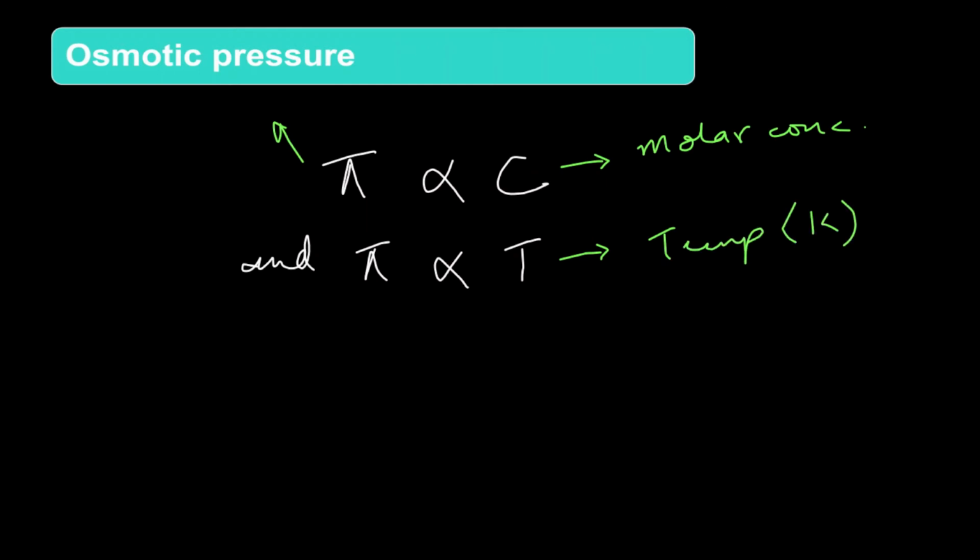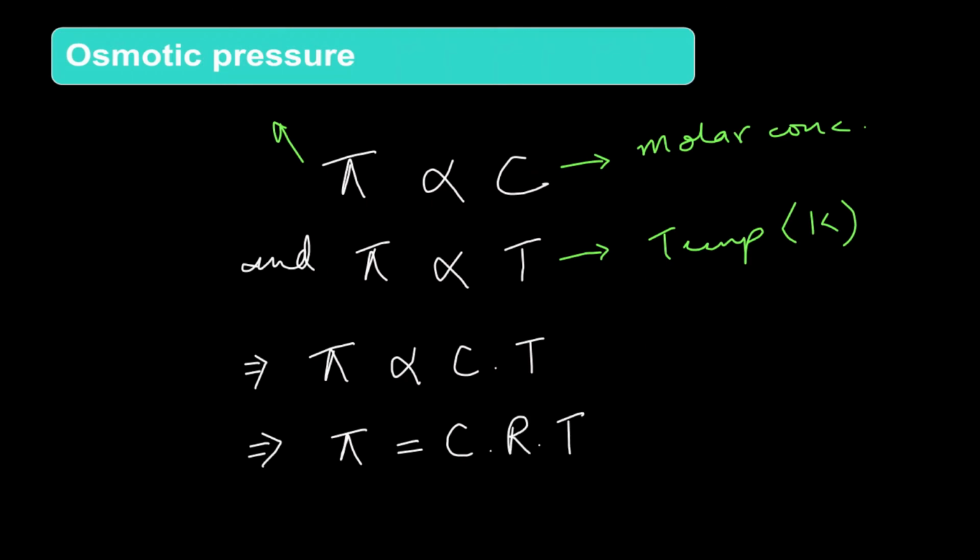Now we can rewrite this relation as pi is proportional to C into T, and we can further write this as pi is equal to C into R into T.